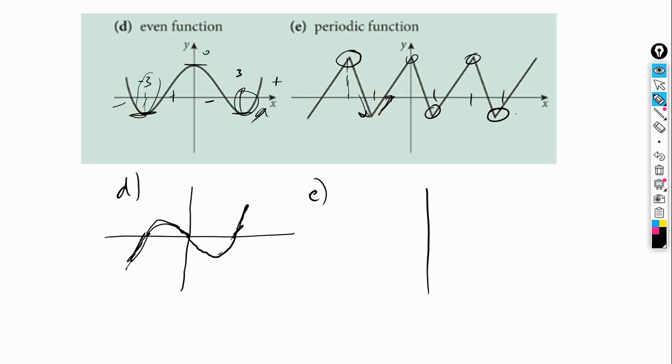So let's just write those places where there will be no line. So -2, -1, 0, and then 1, 2, and 3. So here we have nothing on the graph at those points.